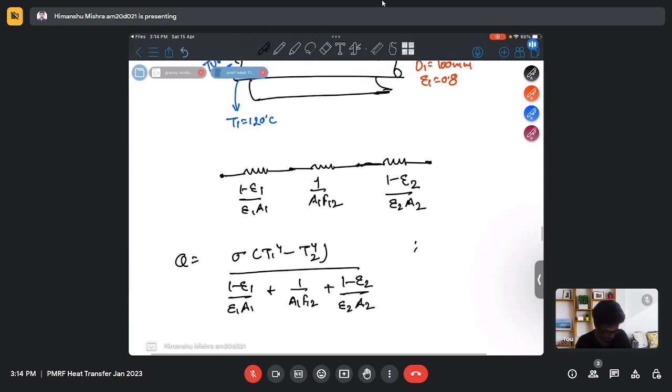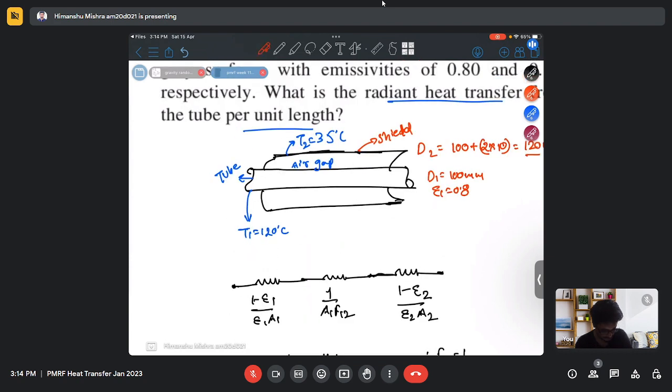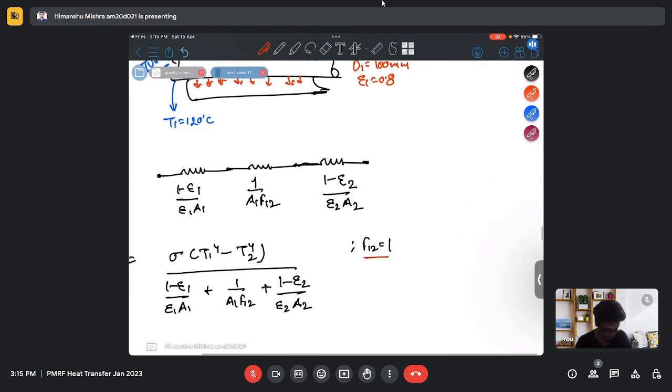So my shape factor F12 will be 1 because all the radiation coming from surface 1 will eventually meet surface 2, which means that F12 is 1 and F11 is 0, so we don't need this one.